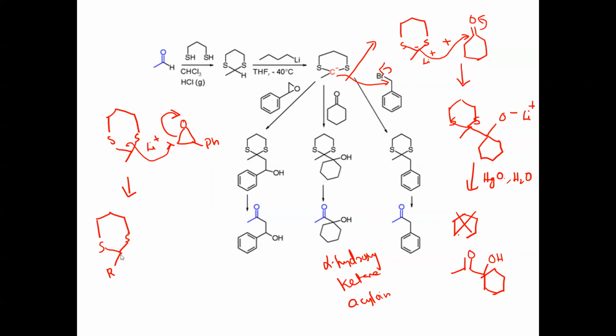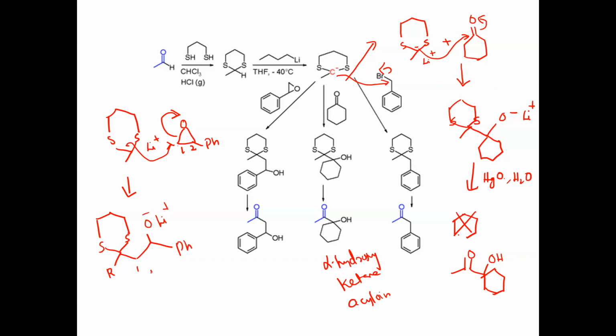Sorry, it's not O minus. So this is the first carbon atom and this is the second carbon atom. Here will be O minus, with lithium as O minus Li plus. And here is the second carbon.